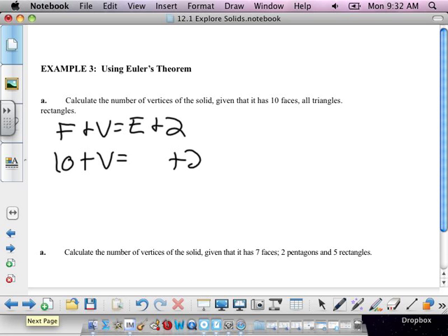If they're all triangles, so we've got 10 triangles, how many edges would we have? 30, right? So we'd have 10 plus the vertices equals 32. Subtract 10. The number of vertices would be 22.